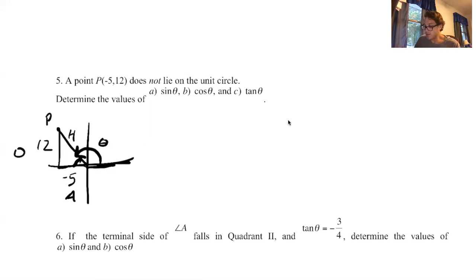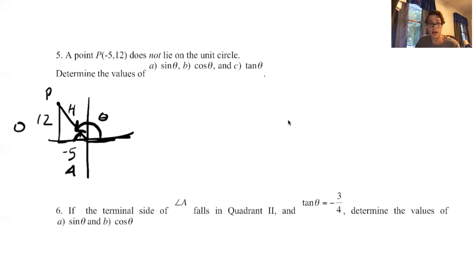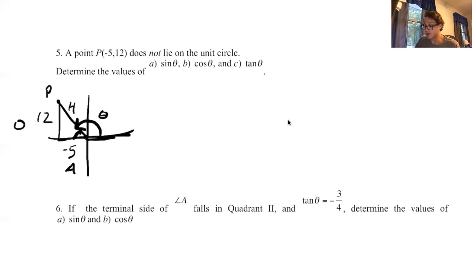So we need to figure out exactly what that value is, but thankfully there is another theorem you've learned in geometry regarding triangles, called the Pythagorean theorem, which allows us to find the value of the third side of a triangle knowing the other two, right? And remember, the Pythagorean theorem tells us that a squared plus b squared is equal to c squared, right? Where a and b are the legs of the triangle and c is always the hypotenuse.